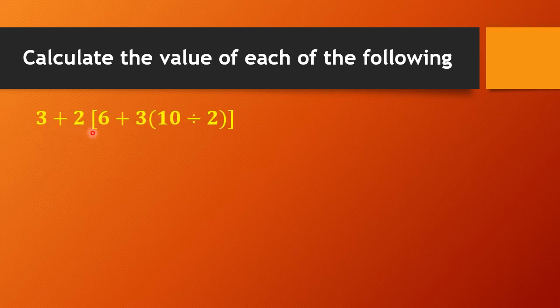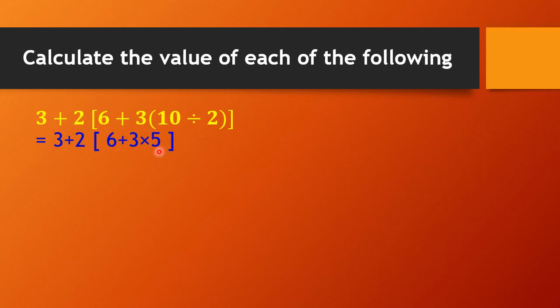3 plus 2 times 6 plus 3 times 10 divided by 2. We will start with brackets. We will solve the brackets. 10 divided by 2 equals 5. I will write the same operations with the same numbers and write 10 divided by 2 equals 5.